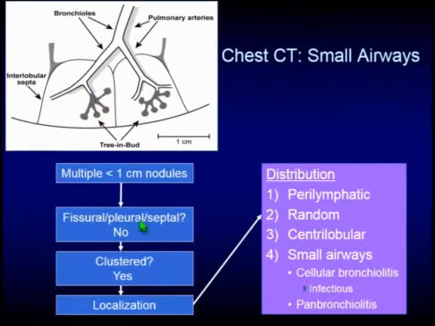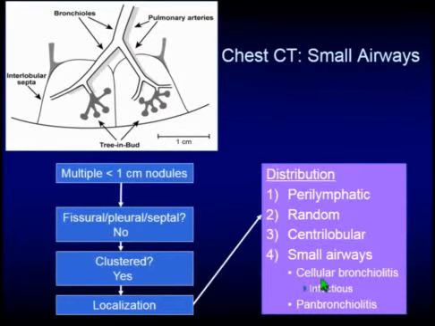Here again, we don't have any perilymphatic or lymphatic structure involvement. They're clustered, not very dissimilar to the ground glass centrilobular pattern I showed you just before this. When we see this clustered pattern of centrilobular nodules, we're really focusing on a small airways process.